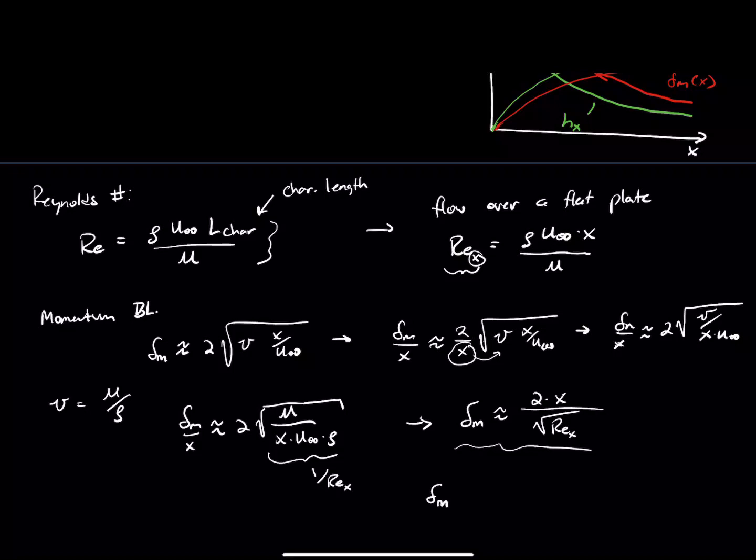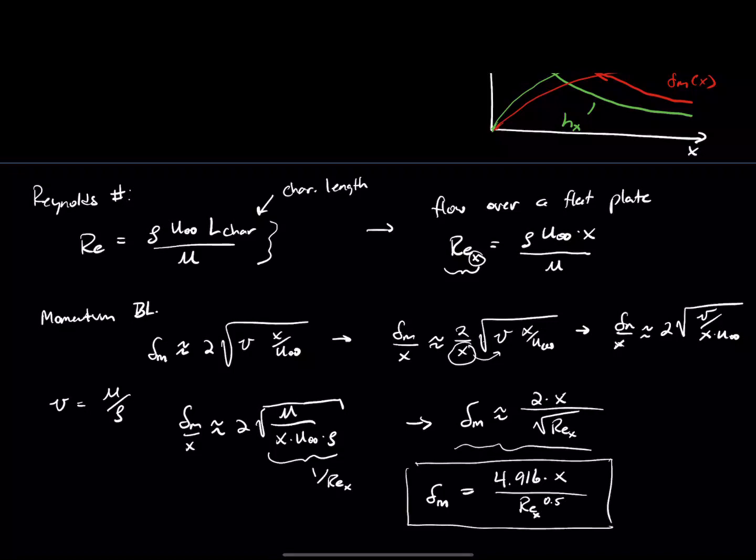And the self-similar solution is, now we'll say it's exactly equal to, delta_m equals 4.916 times x over Re_x to the 0.5, or square root of Re_x. So this is the model that you're going to want to use, right?